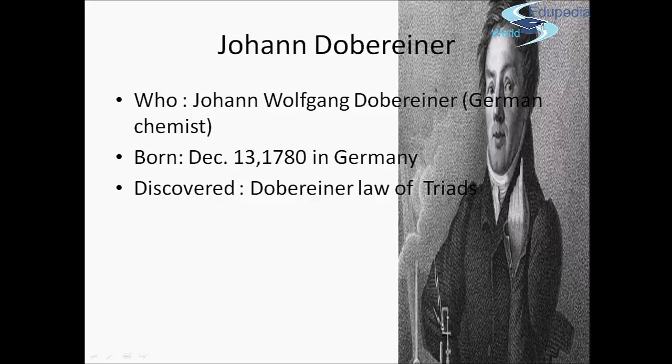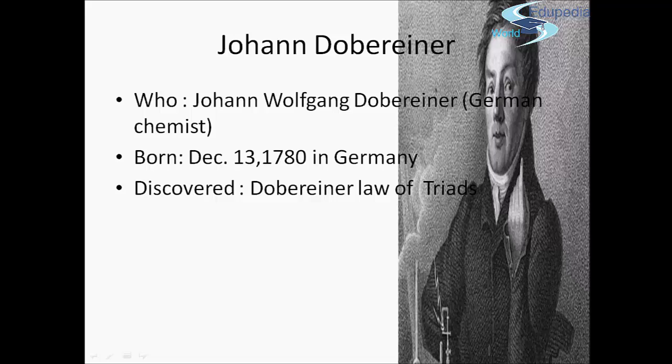According to him, certain elements displayed similar chemical properties and could be put together in groups of 3 elements each. So he grouped these 3 elements each and called these groups triads, as all 3 elements of a particular triad have similar chemical properties.